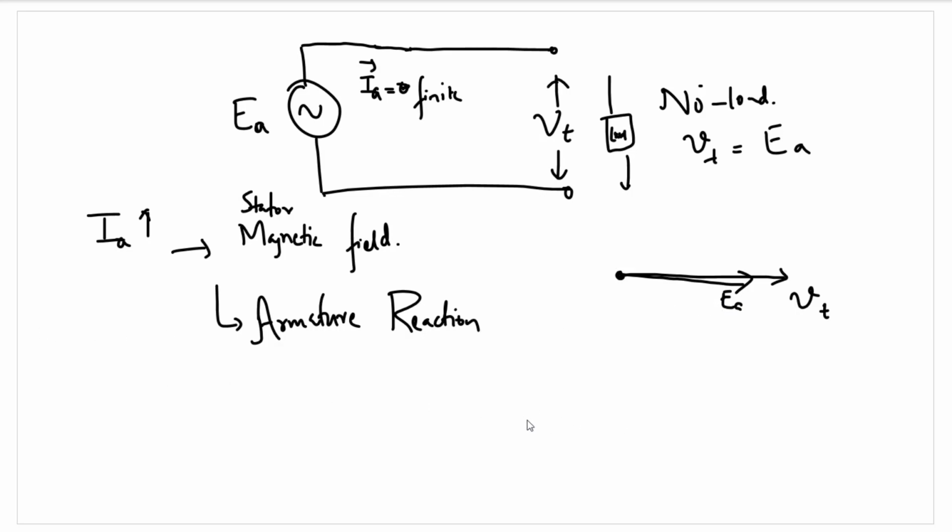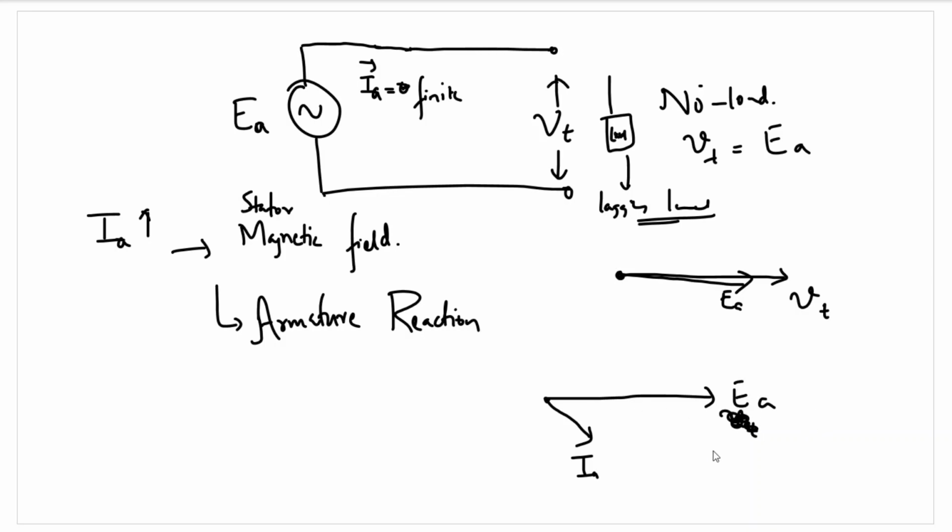Now once we load the system, depending upon the load, say for example we are applying a lagging load, instead of putting Vt here, I'll put Ea.